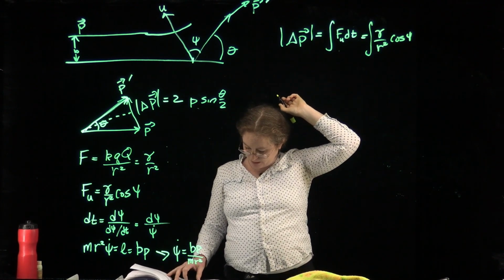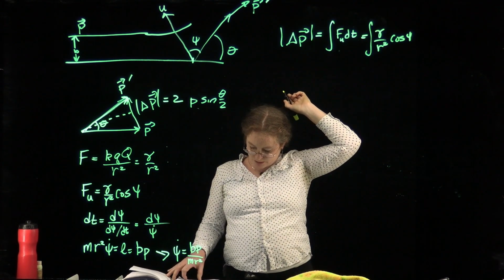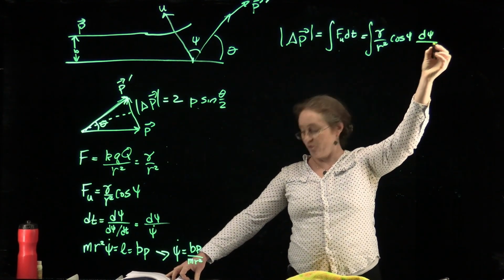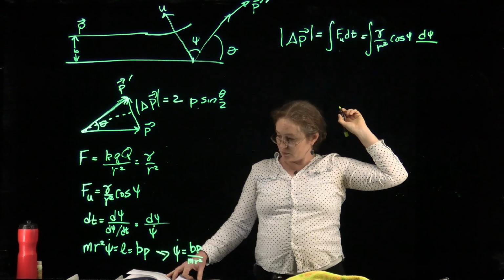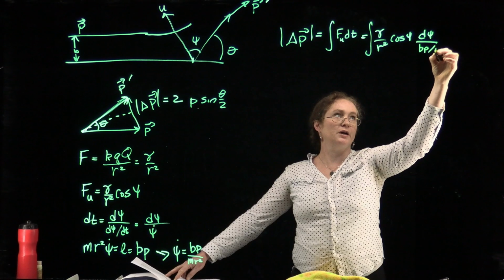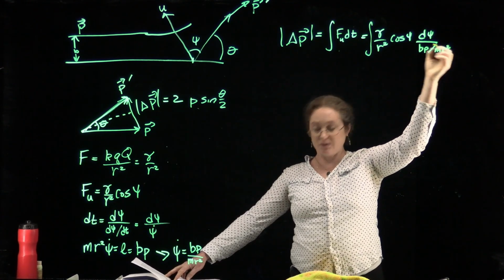Our dt, we are going to write as d psi over psi dot, which is b p over m r squared.